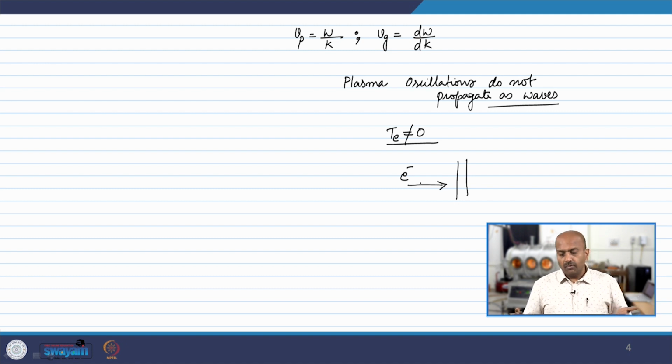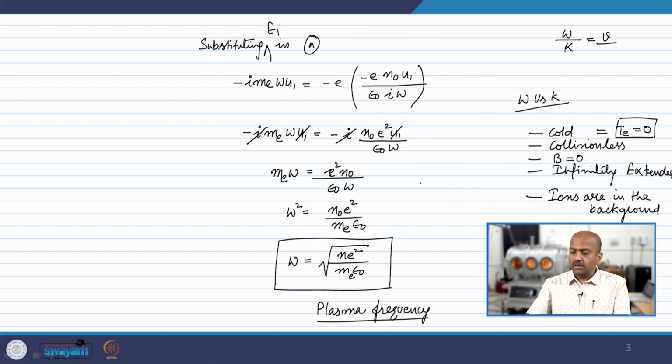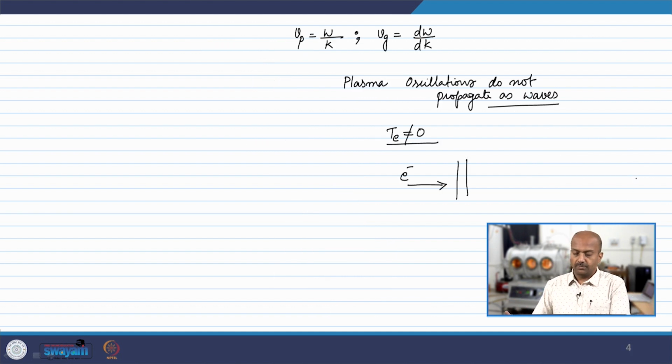So, now let us say we modify the picture slightly, and in comparison to the original picture, which is the plasma is cold, collisionless, the magnetic field is 0, and plasma is infinitely extended, and ions, because of their heavier mass, are constituting the background of these oscillations.